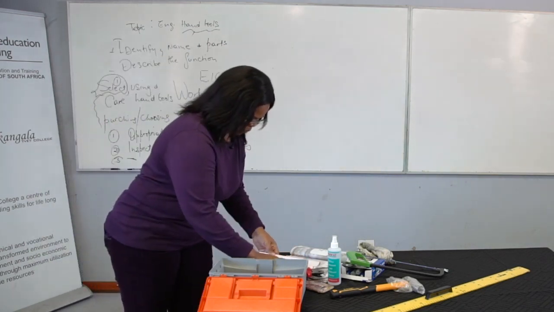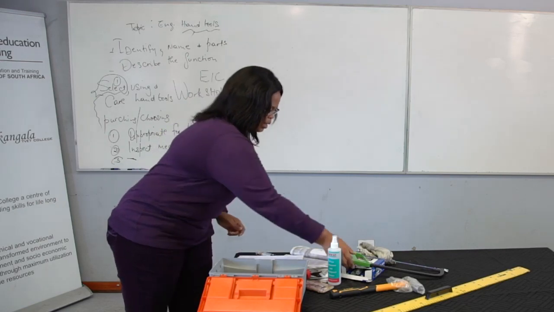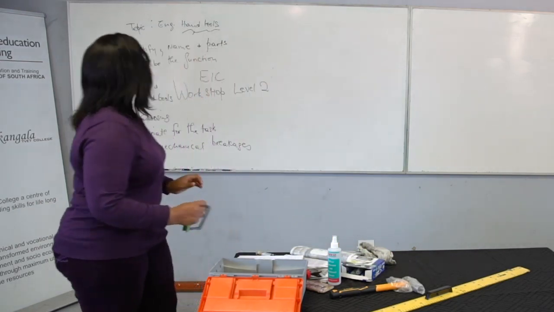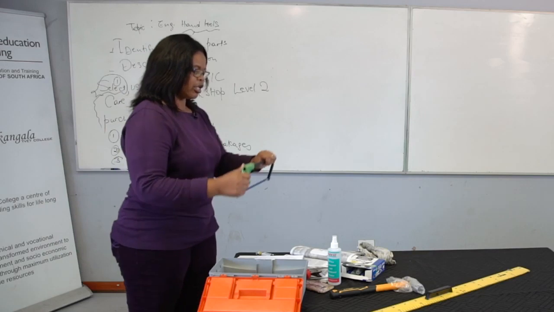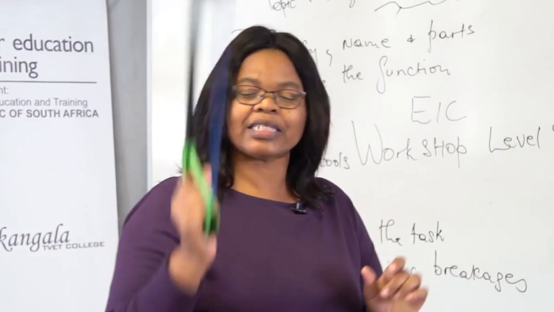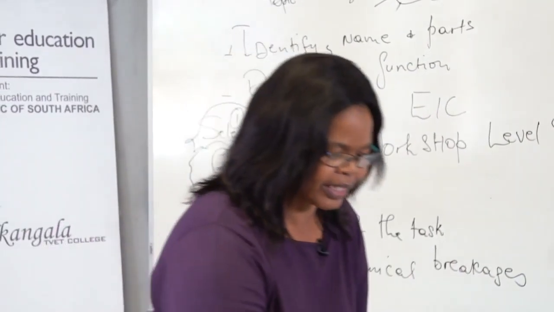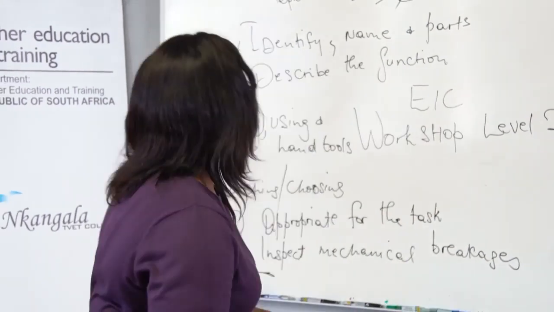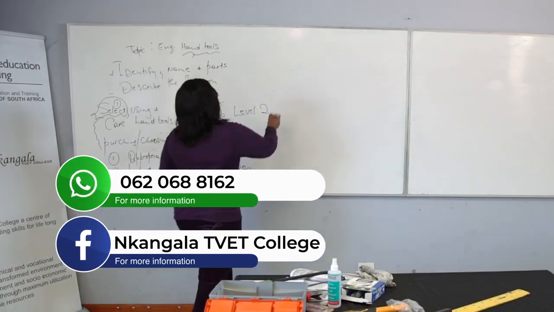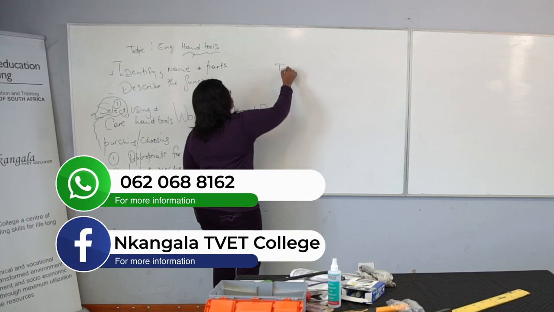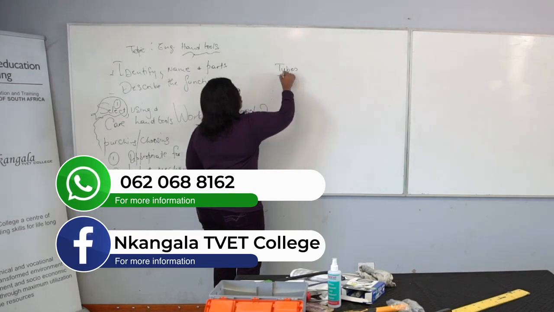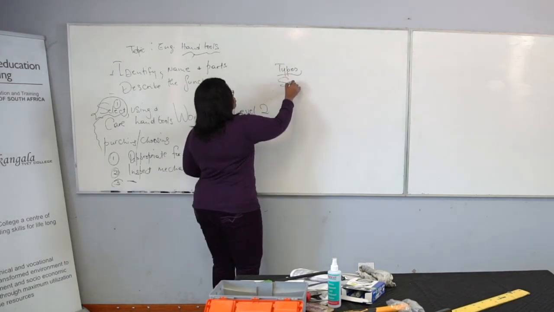Now, all of these tools have got types. If you look at this one, this is a hacksaw. This is one of the types of saws. The hand tools have got types. Now, what are the types of saws?